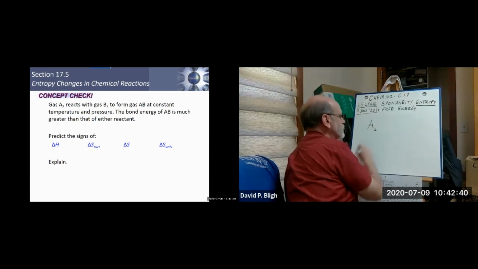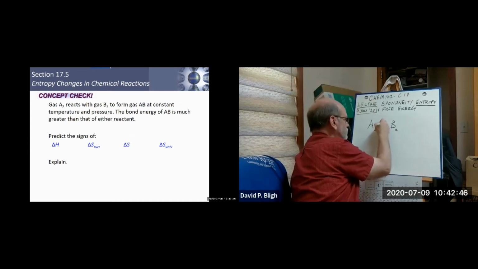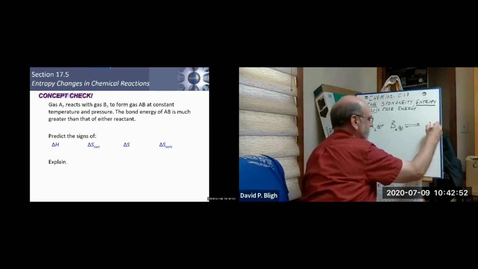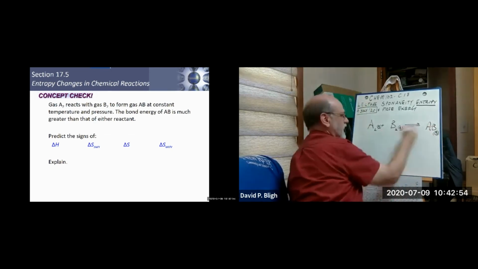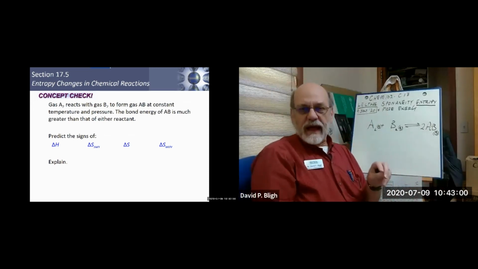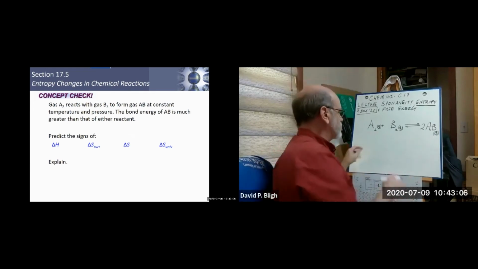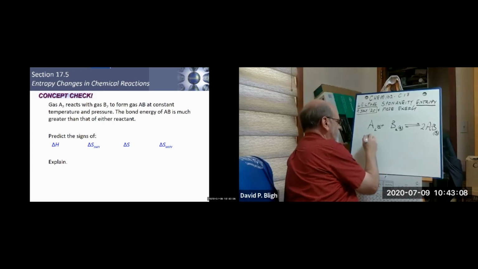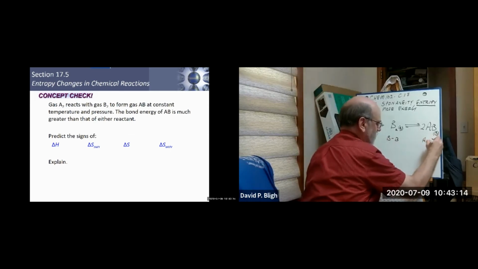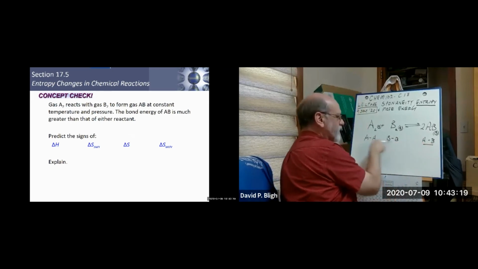A2 plus B2, and these are all gases, gives AB gas. Now that means we need two of those to balance it. And we're saying the bond energy of AB is greater than that of either of these reactants.